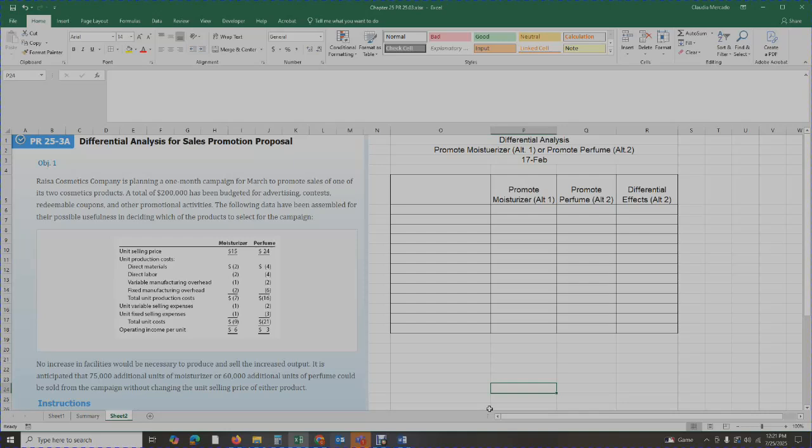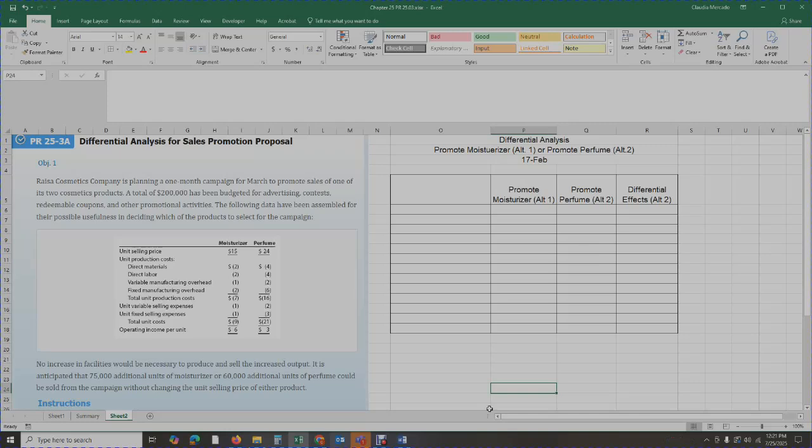We have a total of $200,000 that has been budgeted for advertising, contests, redeemable coupons, and other promotional activities. So that is the budget. This campaign is going to cost us $200,000. The following data has been assembled for their possible usefulness in deciding which of the products to select for that campaign.